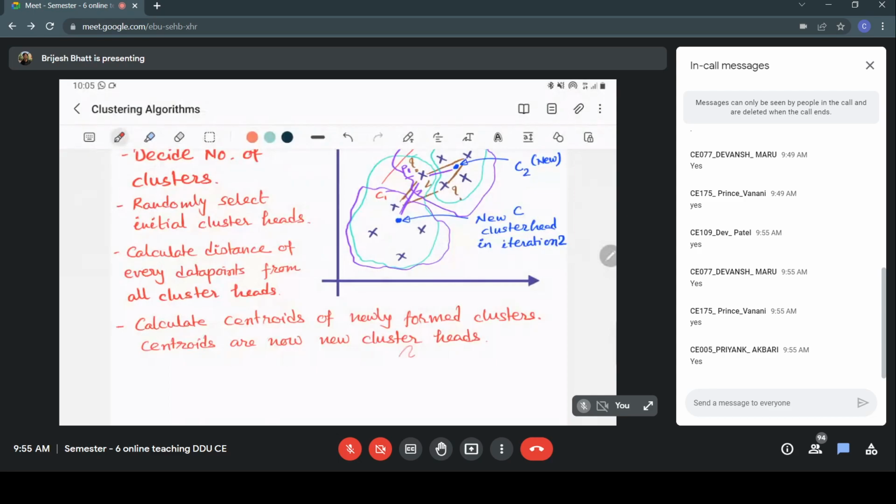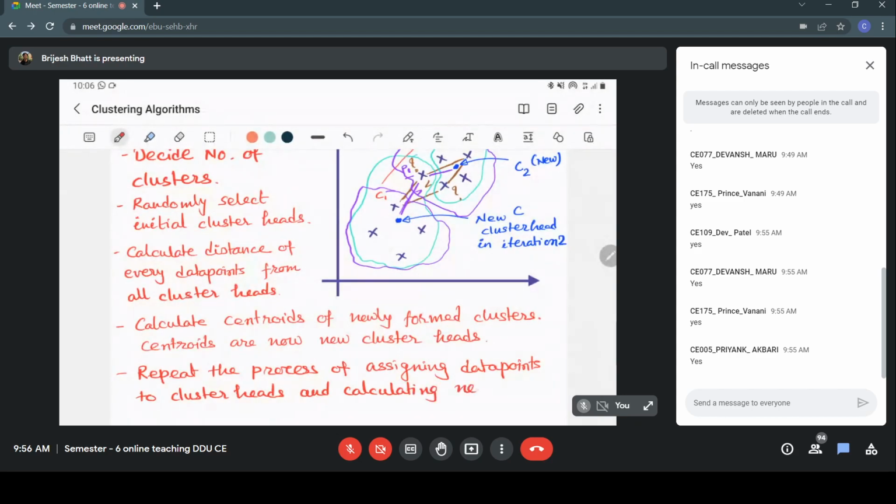Calculate the center of the newly formed clusters. Centers are now the new cluster heads, and repeat the process of assigning data points to cluster heads and calculating new cluster heads.